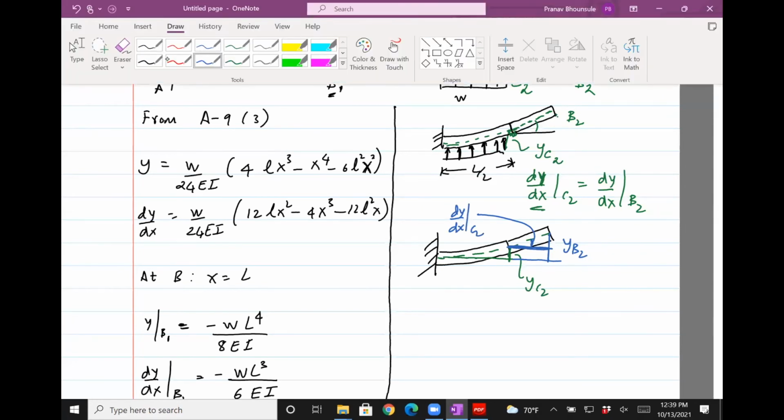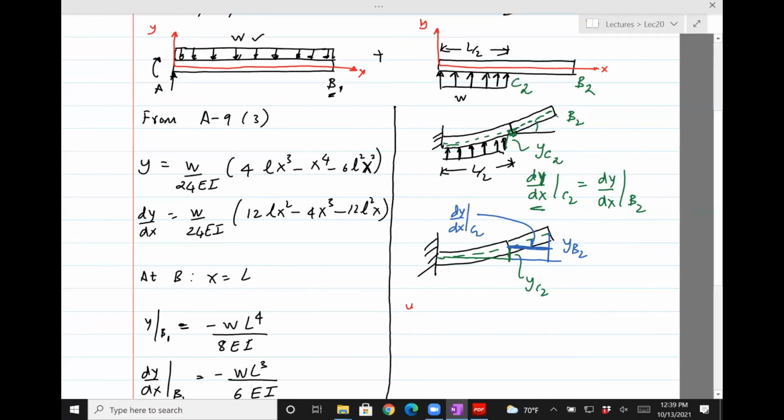And then you can see that YB2 will be this YC2 plus this part, and that part is given by L divided by 2 times the slope.